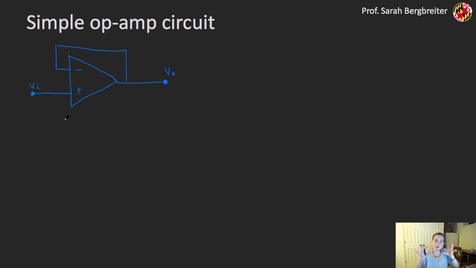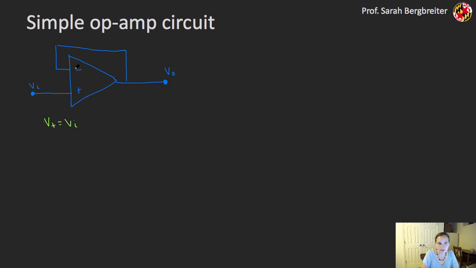Given those defining parameters of an op-amp, I can actually go in and analyze a very simple op-amp circuit and then back out some general rules that I can use for these op-amp circuits. So in this case, I have an input voltage going into that non-inverting input, so V plus is equal to V in. And I have my inverting input connected to the output. This is called negative feedback, when I connect my output through anything to that inverting input.